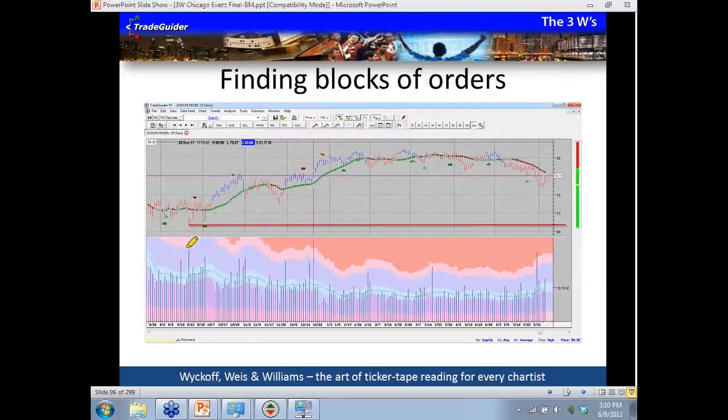So actually the spread isn't that massive, it's the volume that caught my attention. So I'm not only marking widespread up and down bars, but I'm actually noting the volume too. So we have the most volume on the chart right down here.